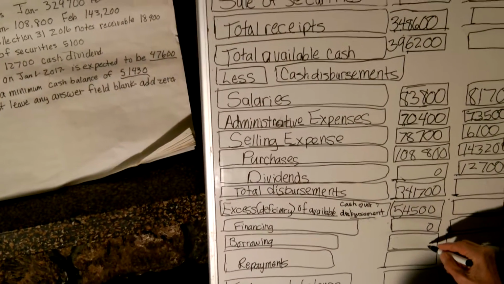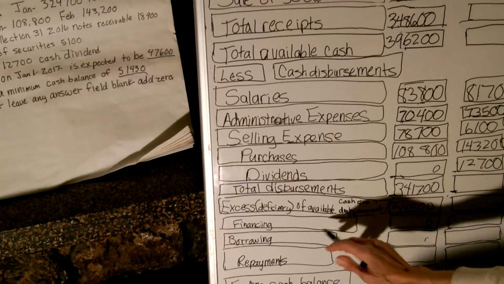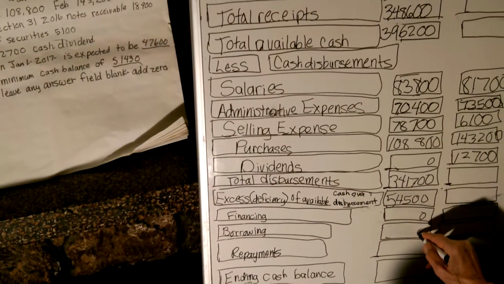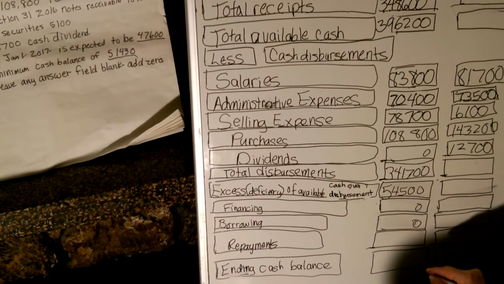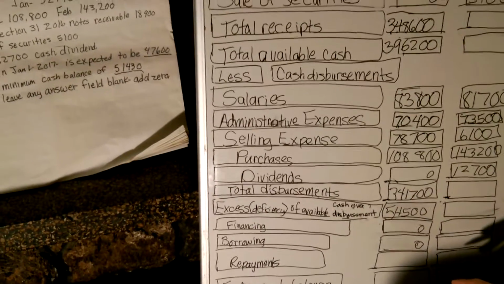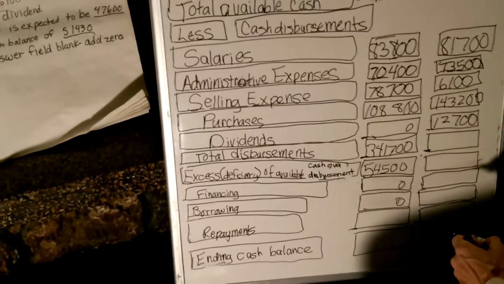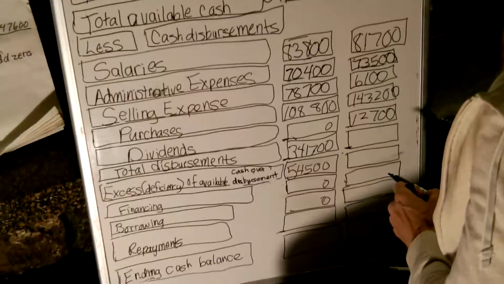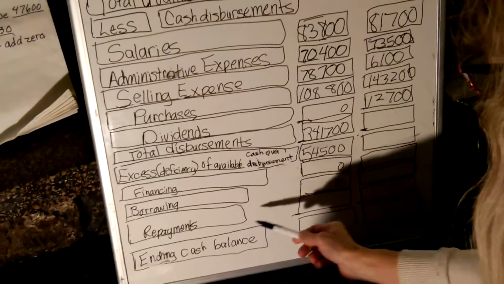We don't need any repayments or borrowing, so we have 0 in financing, 0 in borrowing, and 0 in repayments.